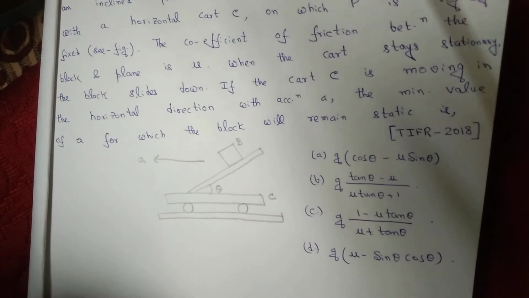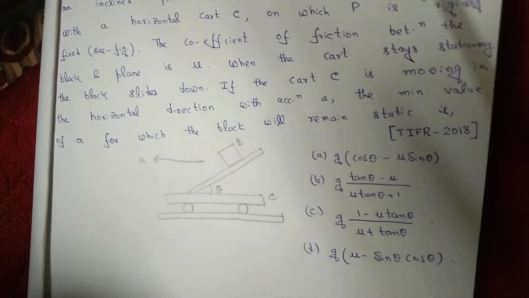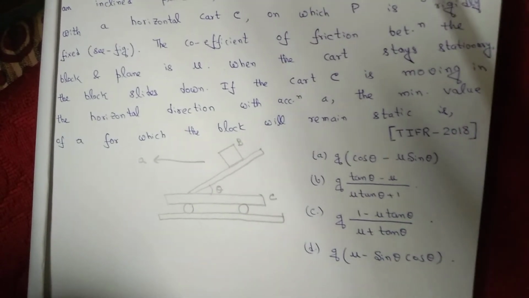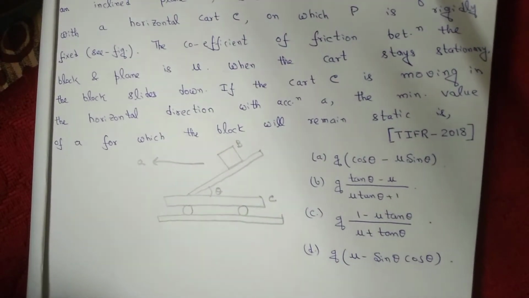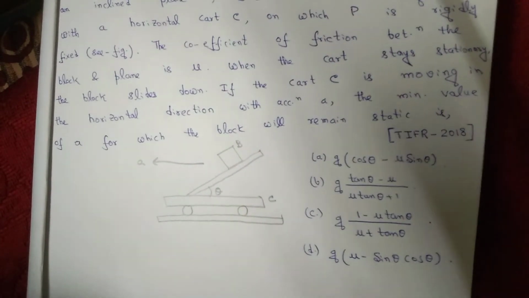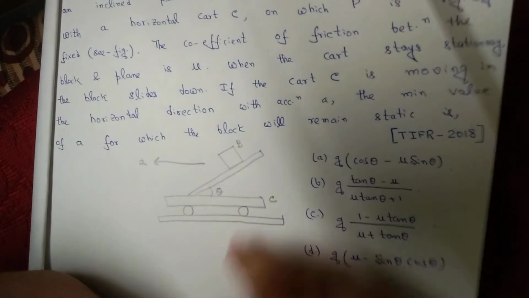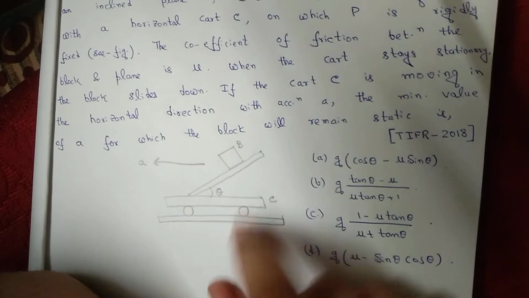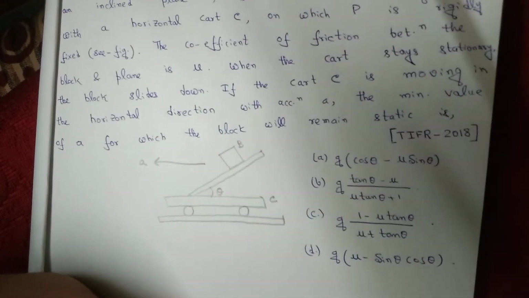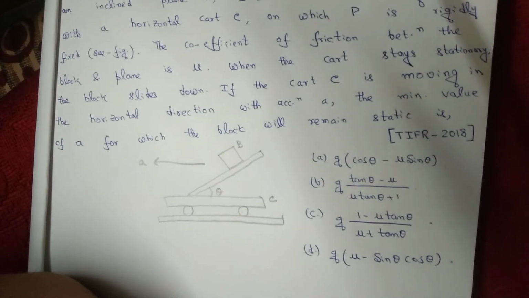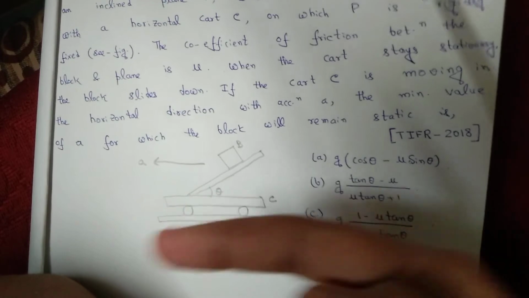So this is a problem from pure classical mechanics. So let's solve. The problem is actually saying that this is a card and there is a block B on this plane P. And it's moving with an acceleration a.